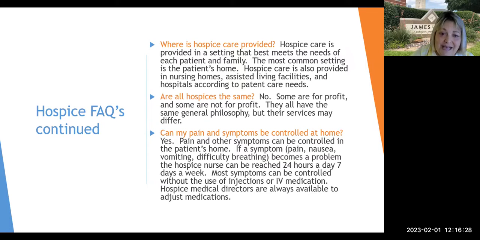Now, sometimes if that pain or the agitation gets out of control and they go into inpatient hospice, they may use an IV, they may use an injection. But for the most part, what you'll find is that pain and agitation and symptoms can be controlled with medicines that go under the tongue and they absorb, creams, patches.